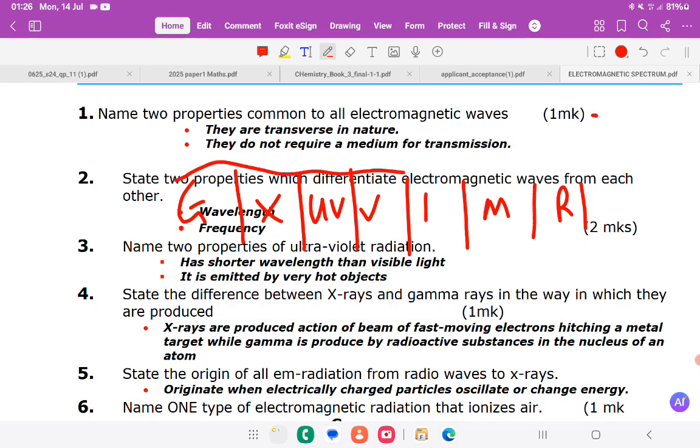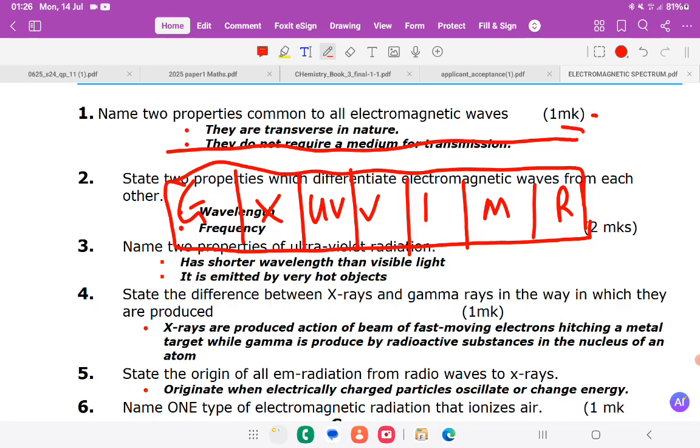These are arranged in order of increasing frequencies and increasing wavelengths. As you move from gamma to radio waves, there's an increase in wavelength, but as you move from radio waves to gamma rays, there's an increase in frequency.